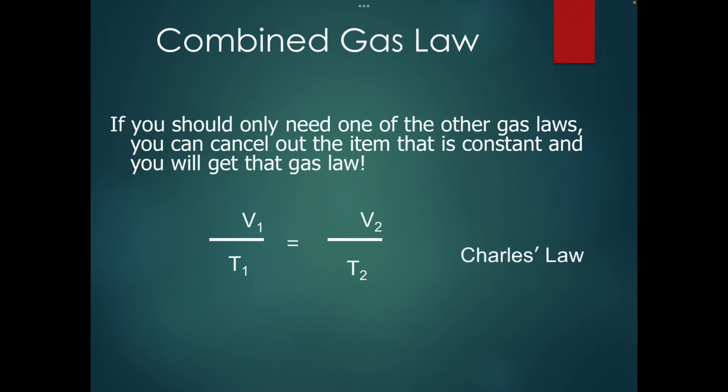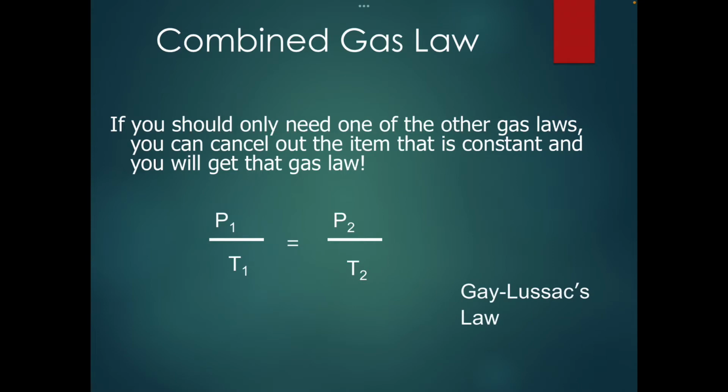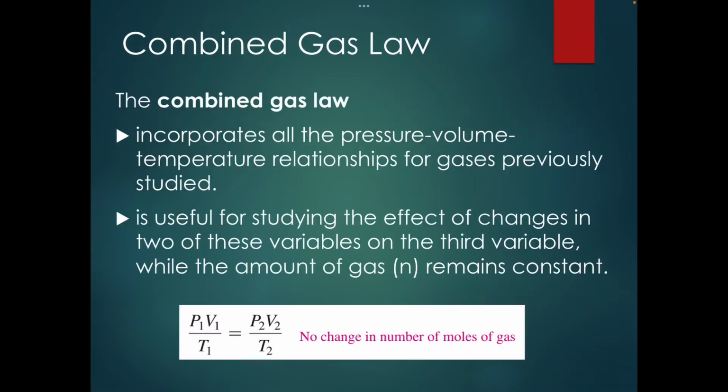This would be a Charles' law problem. Or let's say instead you want to hold volume constant so you can solve a Gay-Lussac's law problem. There it is. So whichever variable you want to hold constant, we're just going to remove it from the equation, and that's it. So you have all of those individual gas laws contained in this combined gas law.